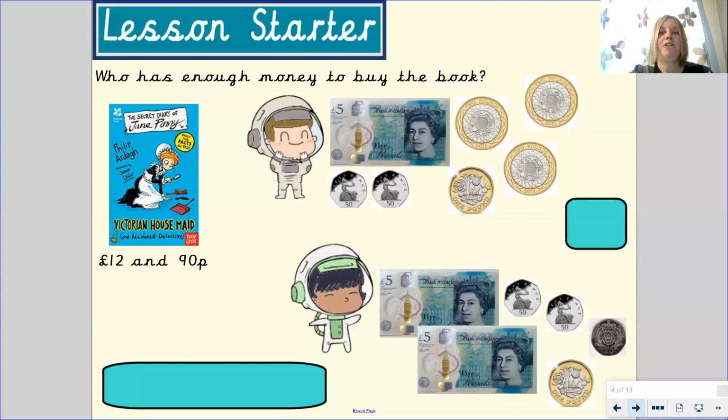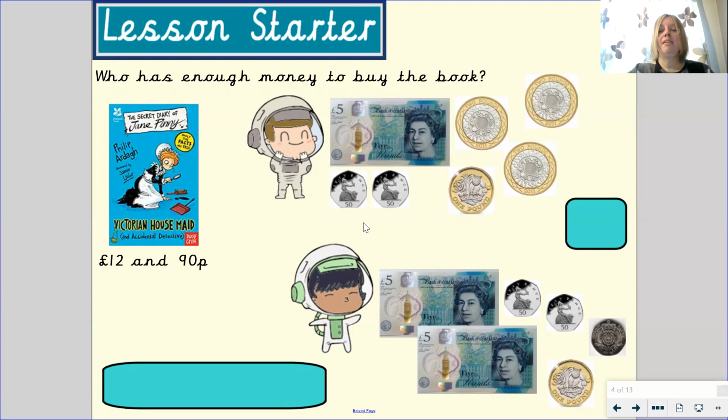Let's see how much money our grey astronaut has. He has a £5 note, 3 £2 coins, a £1 coin, and two 50p coins. We're going to start by adding the pounds. £5 add £2 is £7. £7 add £2 is £9. £9 add £2 is £11. £11 add £1 is £12.